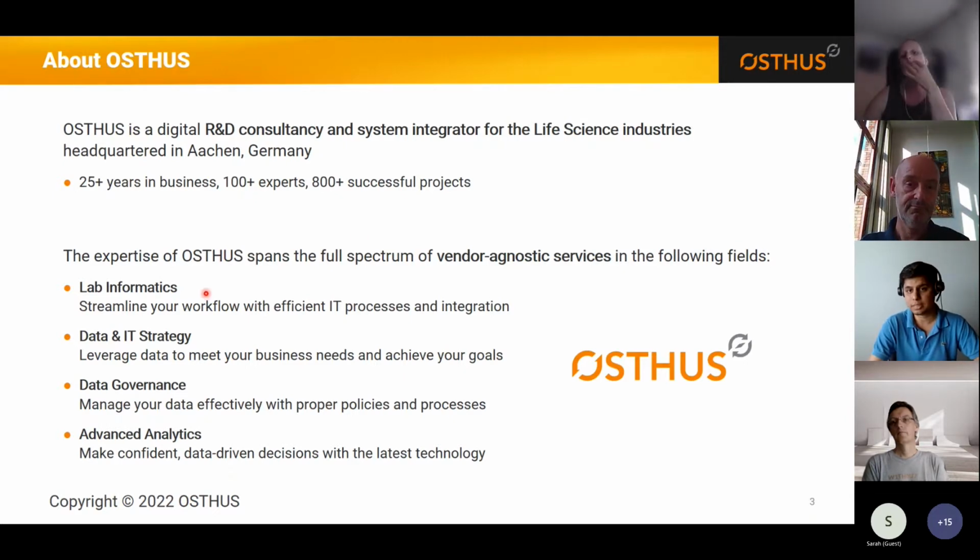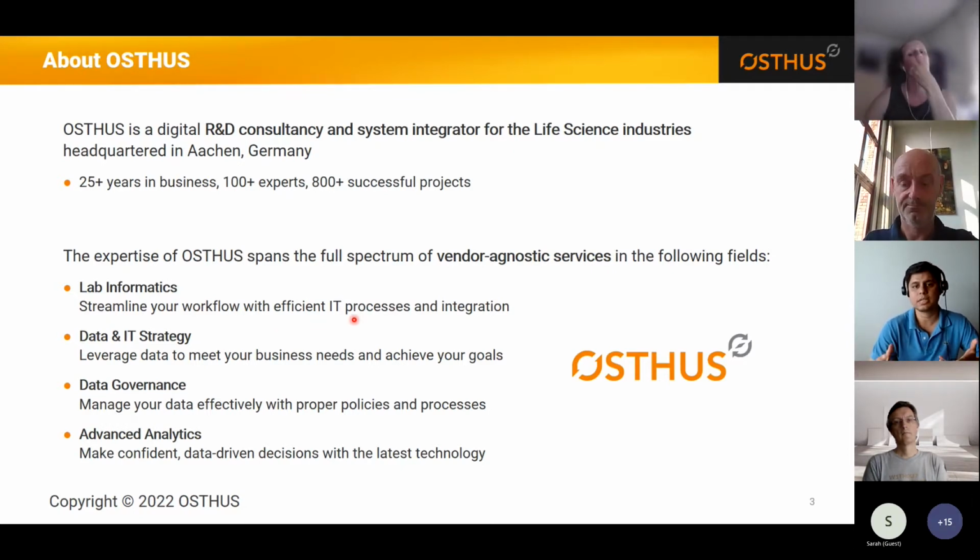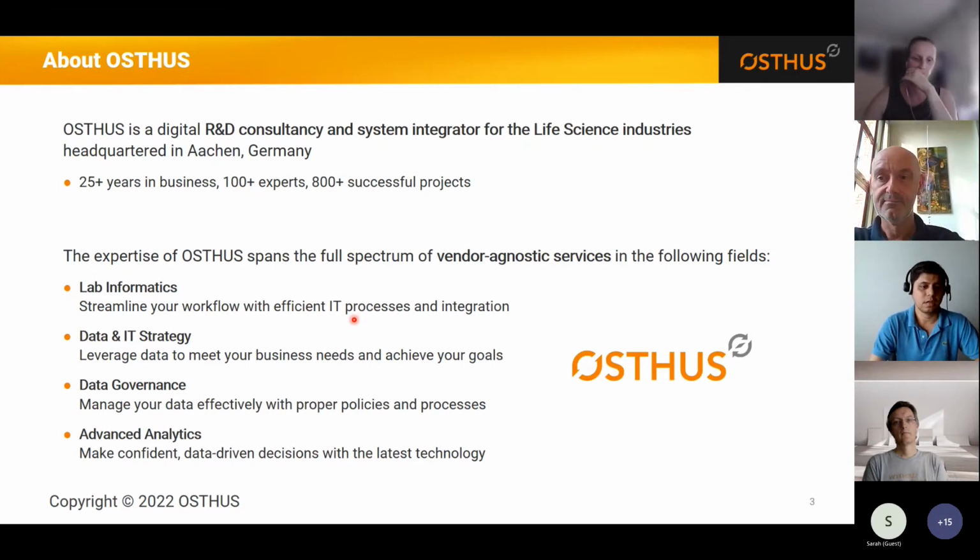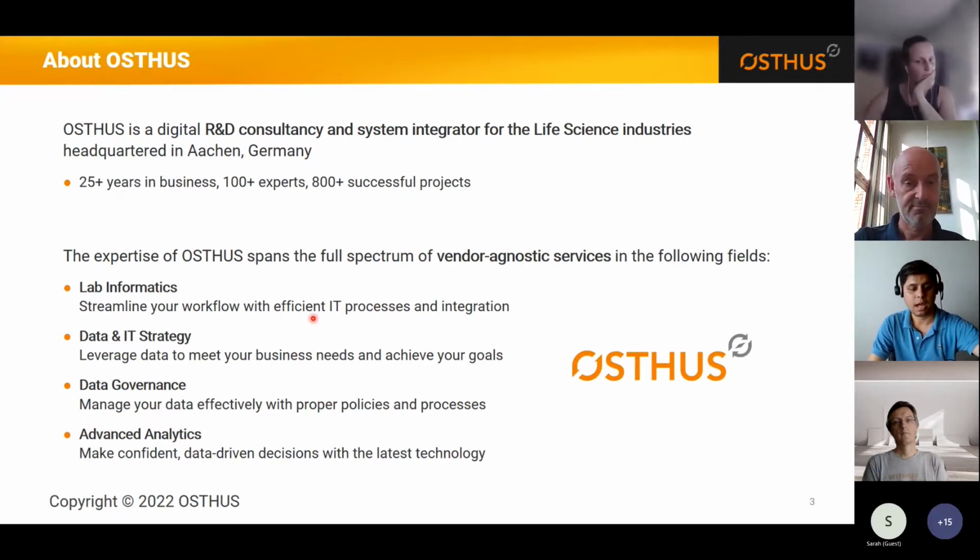First is lab informatics, where we streamline our workflows, IT process integration, system integration, solution integrators, etc. Other areas of expertise that we offer are data and IT strategy, data governance, where we manage data effectively, and also advanced analytics that includes data-driven decision making, machine learning, etc.